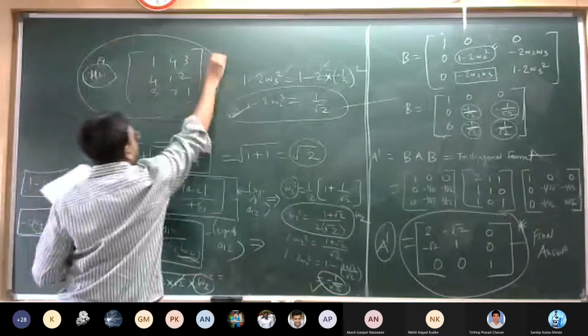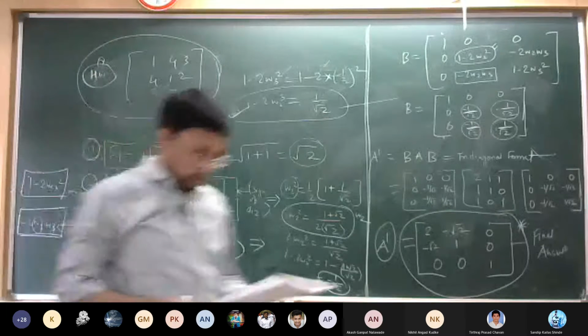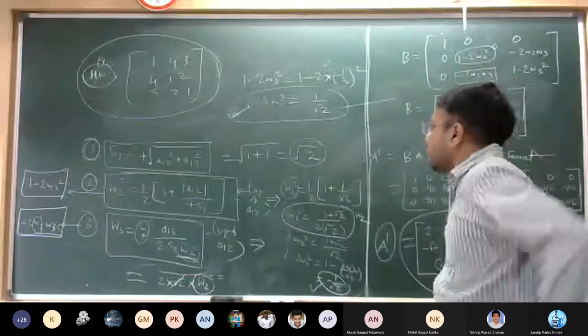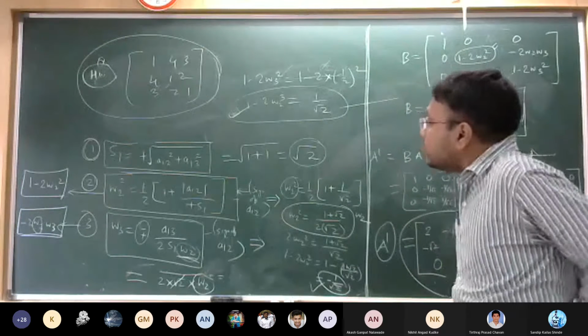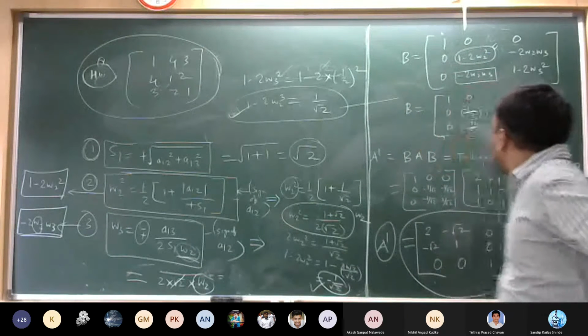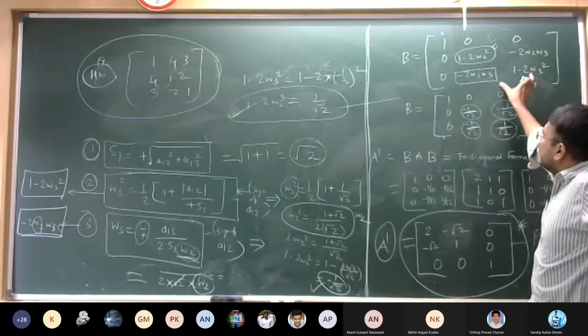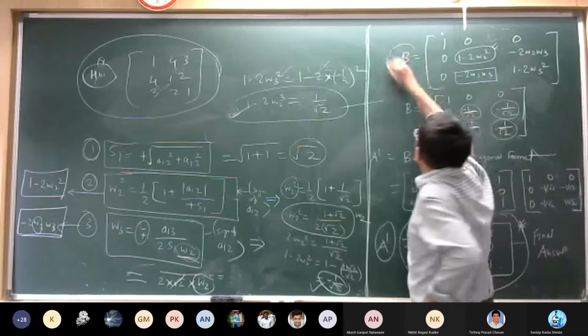So next lecture I will ask this particular value of that particular tridiagonal matrix. And this particular procedure of calculation of S1, W2, W3, by having this particular matrix, even it will be calculated, but by having this particular form.